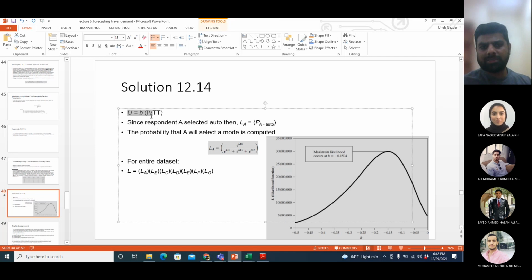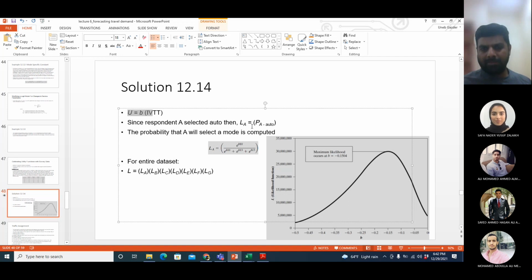So this is the utility function: U, utility, equals B into vehicle travel time. Now let's say respondent A selected auto. Then the maximum likelihood for respondent A is the probability that he will choose auto.